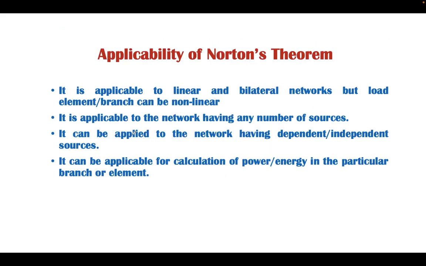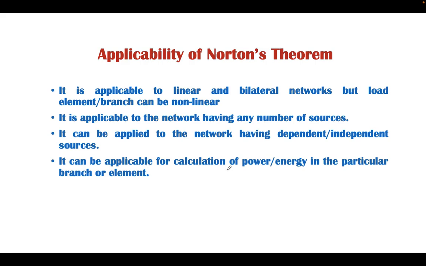Now, it can be applied to networks having dependent and independent sources. It is applicable to a network having any number of sources, whereas the superposition theorem is applicable when there is more than one source. Here it can be applicable whether there is a single source or a number of sources.